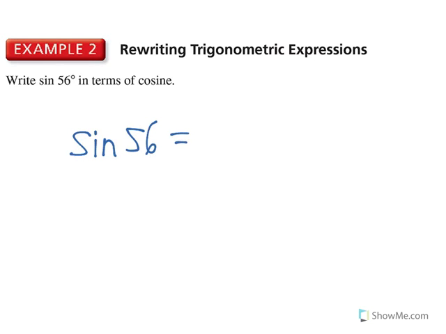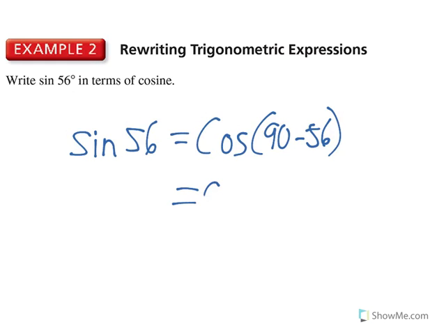So if I did sine of 56 and want to write it in terms of cosine, we know it would be cosine of its complement. In order to find it, we would do 90 minus our 56. If we solve that out, we would get cosine of 34.